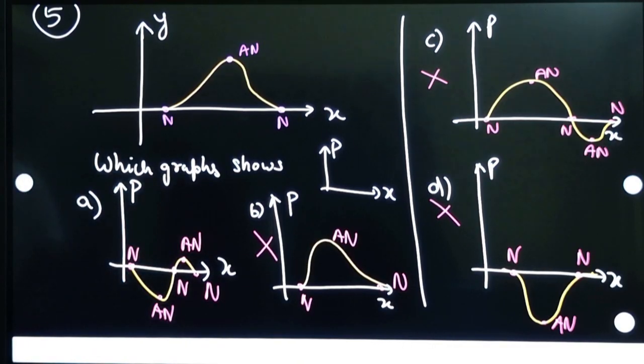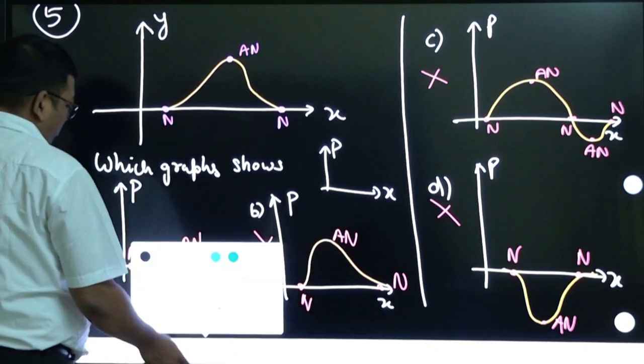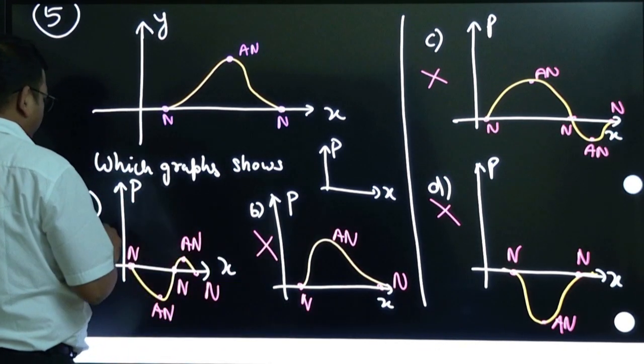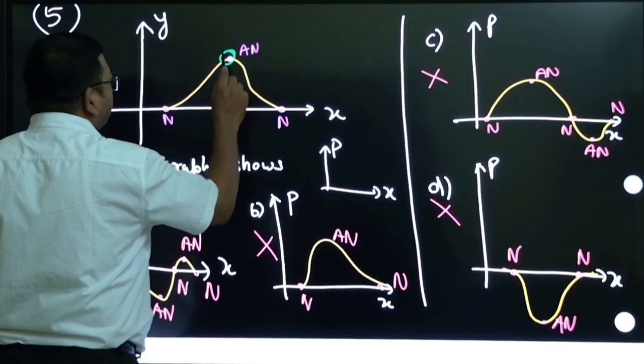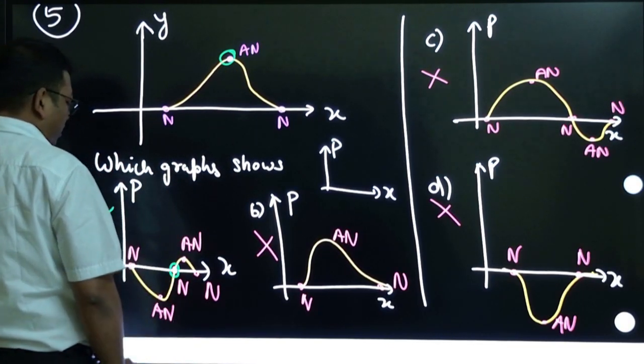Let me check whether this graph is given correctly or not. The graph is given in the same manner, but they have given option 1 as the correct answer. What can be the reason for this? This antinode must convert into a node, so this node is there.